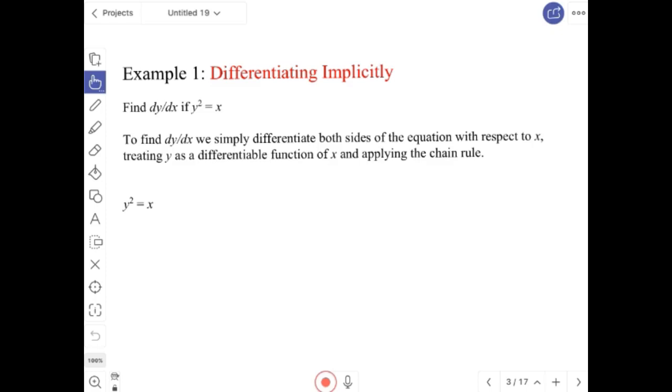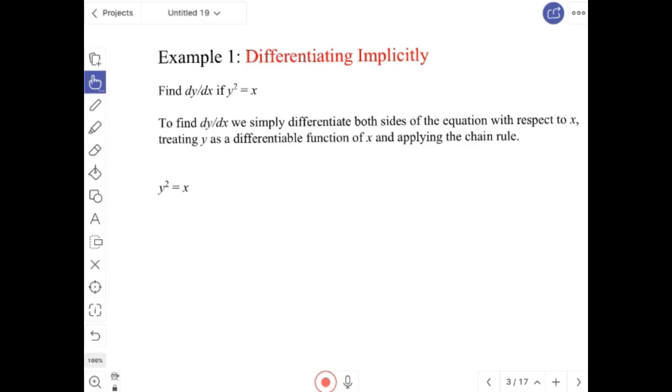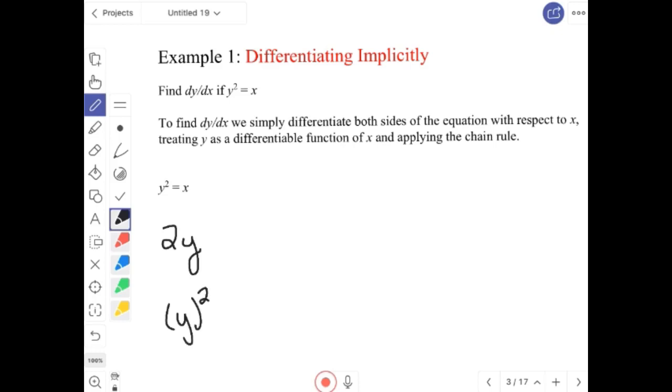So when we take a derivative of something, especially with implicit differentiation, we're taking a derivative with respect to x. So when I take the derivative of y squared, we know that is 2y, but we're going to use the chain rule. I'm thinking of this as y squared, and then I'm using the power rule.